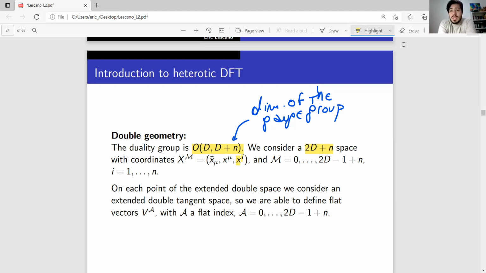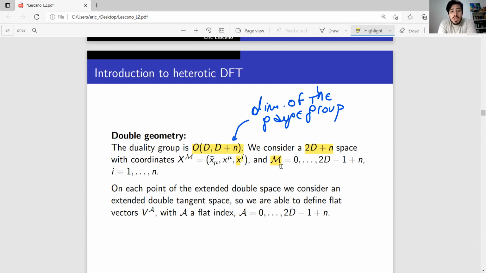We are going to impose a kind of constraint to finally obtain only dependence on the x mu coordinate, not on the tilde one and not on the gauge one. And we are using these calligraphic indices because now we have gauge.